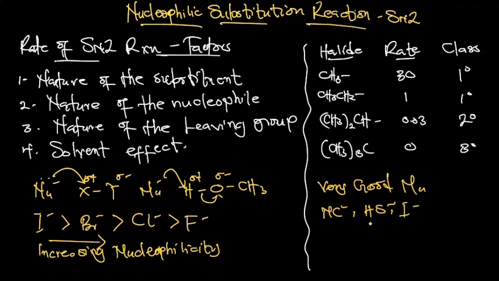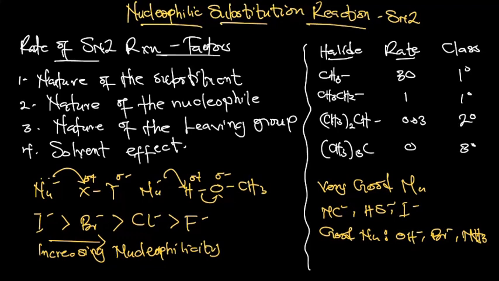Now, the ones that can be classified as good nucleophiles, we can mention OH minus hydroxide, bromide, and ammonia, NH3. So these are good nucleophiles. And then we also have the reasonable ones like fluoride and chloride.